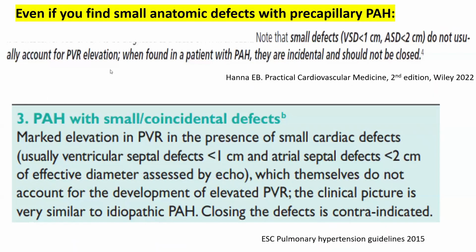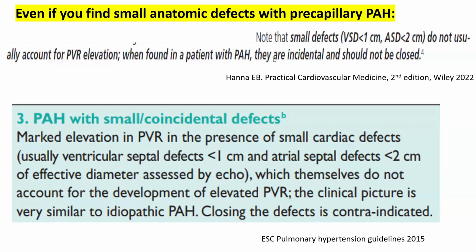And importantly, in the ESC guidelines, they clearly state that when you have somebody with pulmonary arterial hypertension and you find a right to left shunt, even if you find a small anatomical defect with precapillary PAH, small defect such as VSD less than 1 centimeter or ASD less than 2 centimeter, 2 centimeter is not too little, but even ASD less than 2 centimeter does not usually account for PVR elevation.